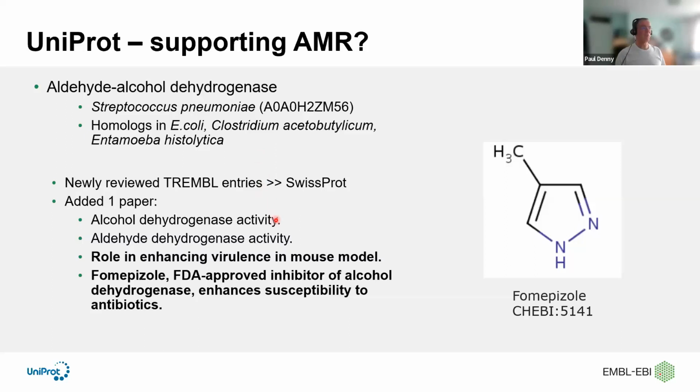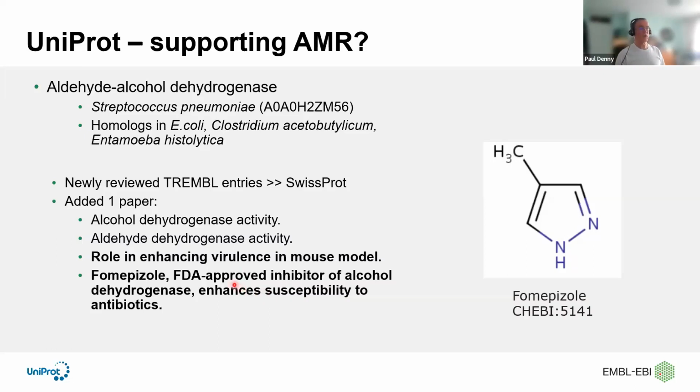And the group who studied, one of the groups who studied this protein, found out that it plays a role in enhancing virulence in mice. But what perhaps was most interesting was if one inactivates it, deletes it in the bacterium, it enhances susceptibility to antibiotics.